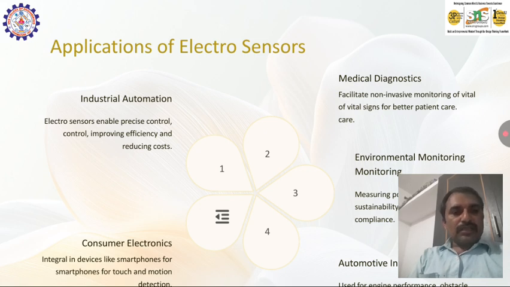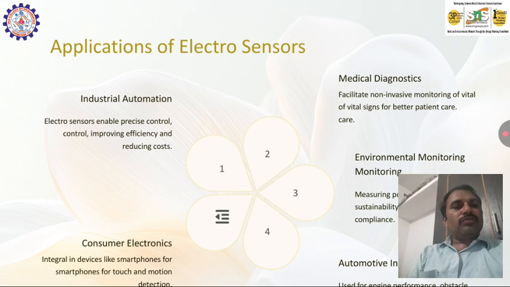In industrial automation, at present we are facing a lot of problems, especially with human needs in every field. Because of the lack of human workers, we are using automation sensors for accuracy in manufacturing and reducing cost. In medical diagnosis, we monitor vital signs for better patient care per minute, such as blood pressure or sugar.